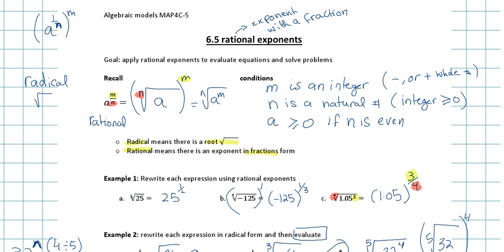So let's look at this for a second. If I have negative 3 to the power of 1 over 2, what's your n value? N is 2. Good. Is 2 even or odd? 2 is even. What's your base? What's your A value? Negative 3.